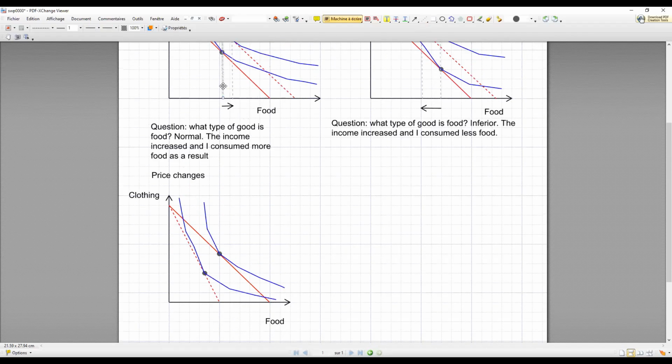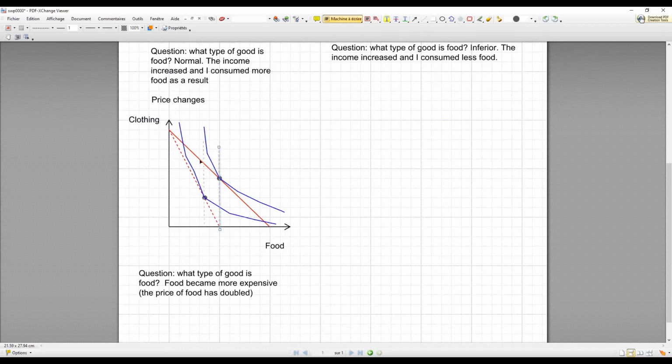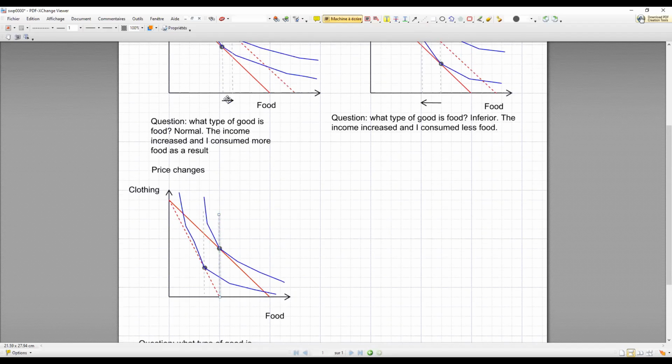Does somebody know? Can you repeat the question, please? So I'm in this situation. The price of food went up. What happened to my consumption of food? Food is a luxury good. Luxury has to do with price or income?